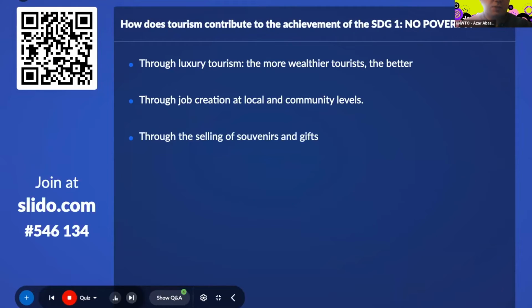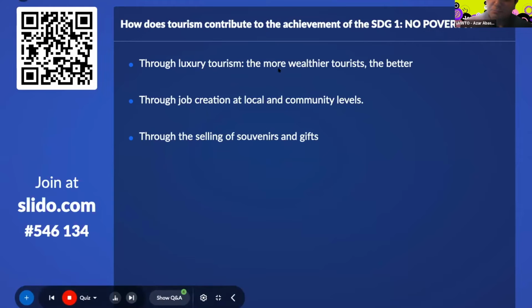On the left, you see the QR code that you can use to scan with your phones. You will be directed to our game, or you can join us at slido.com and enter the 6 digits to enter the game. When you enter, you are kindly requested to put your name so we can identify you in the end if you win.